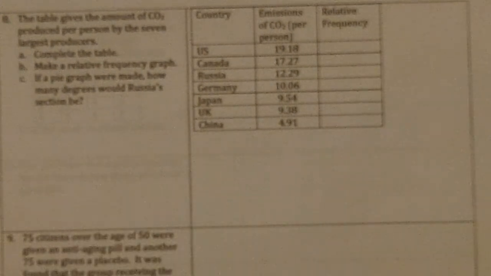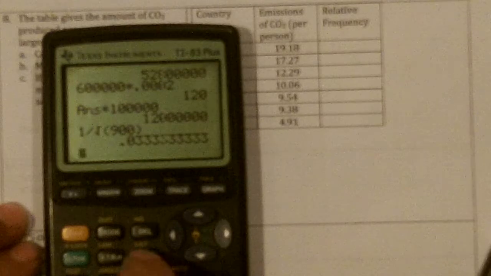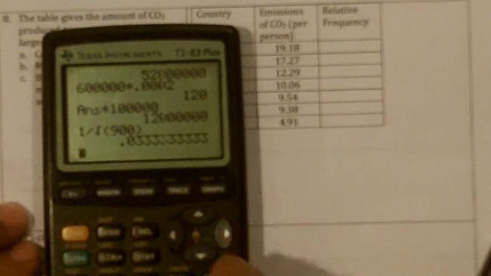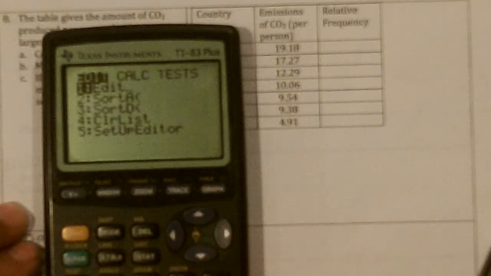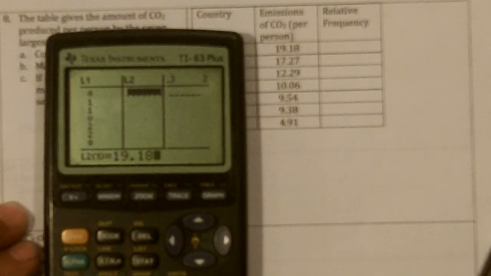Number 8, we're supposed to figure out the relative frequency. So we've got all these numbers, so I'm going to add them up, using my list just to make it a little easier. So I'm going to go to list 2 and I'm going to put in 19.18. Enter.